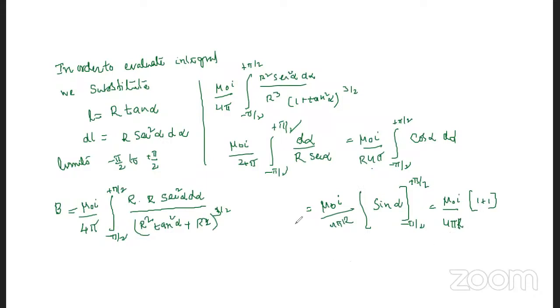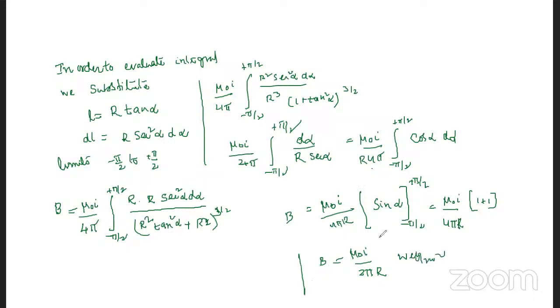So B equals mu naught I by 2 pi R. The unit is Weber per meter square.